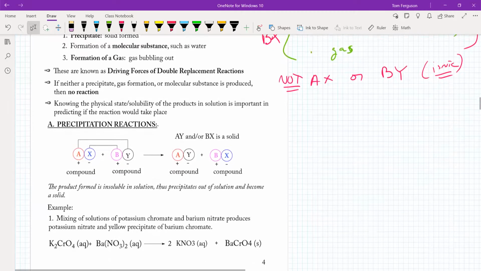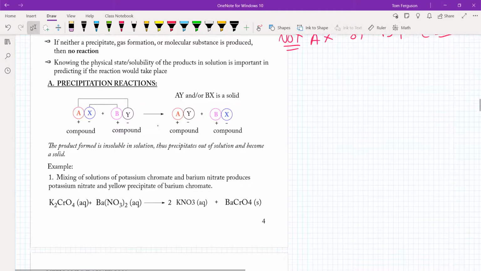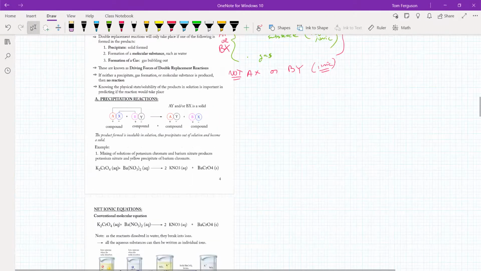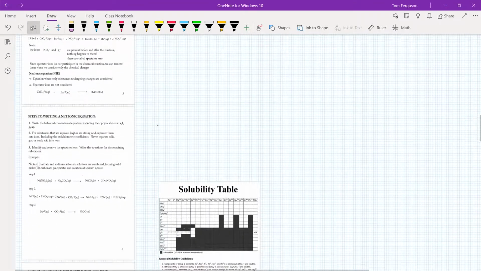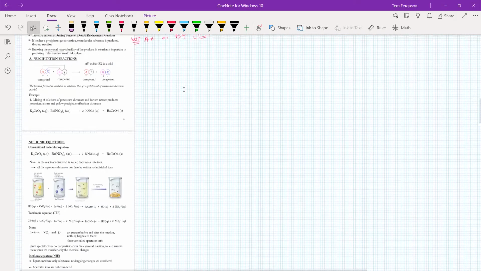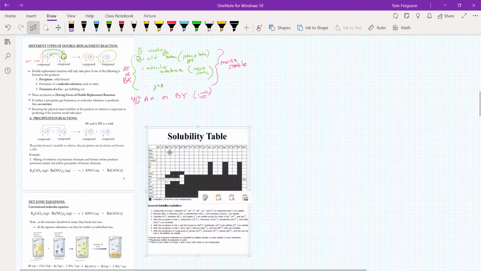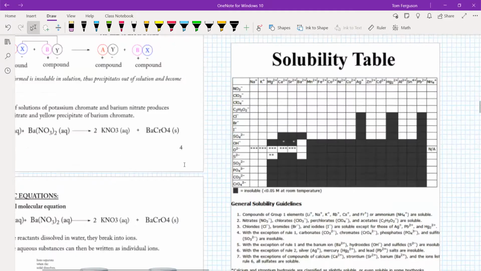Now, the solid, the precipitation reactions. We mentioned that before, and we'll bring up the solubility chart, which we talked about last time, the solubility table.